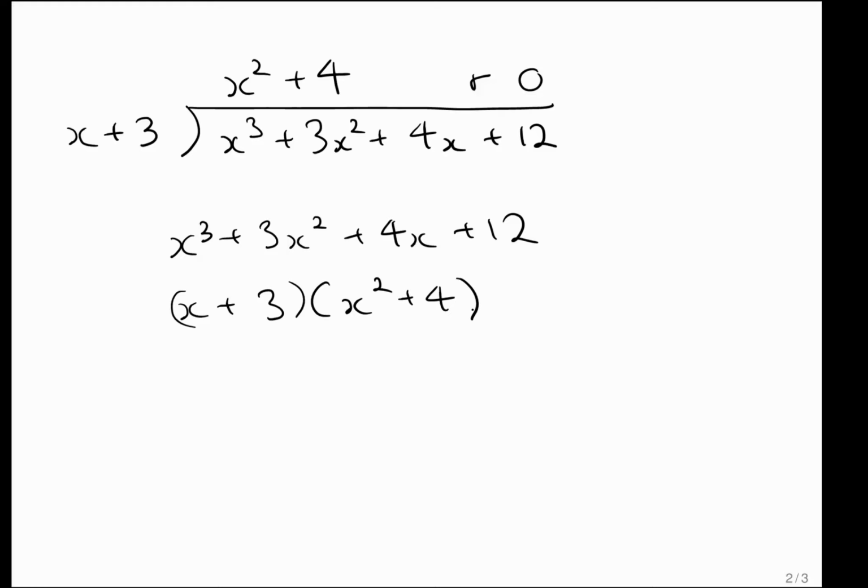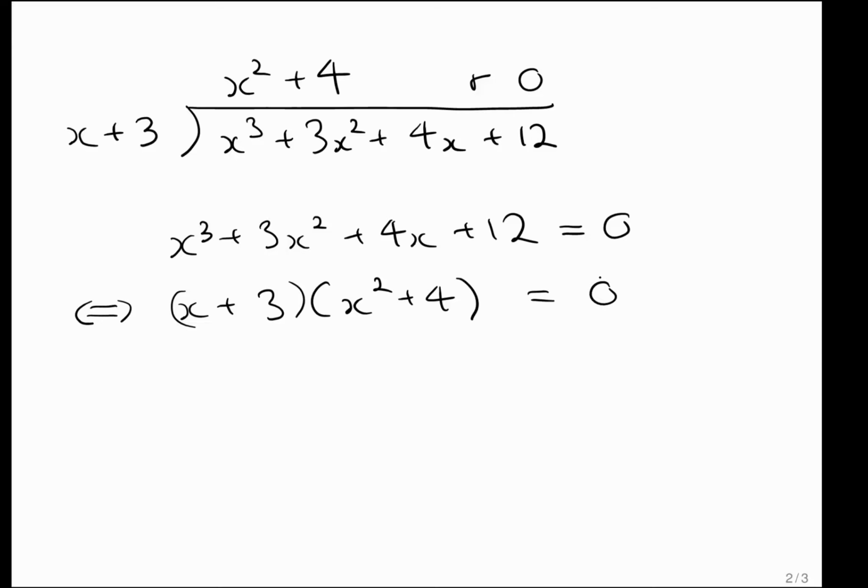Thus, the technique of polynomial long division plays an integral part in the factorization of general polynomials. We're then going to use this factorization to help us solve the original polynomial equation.